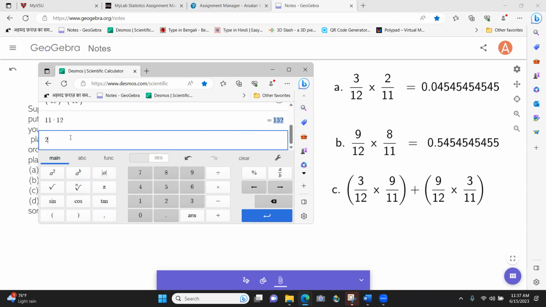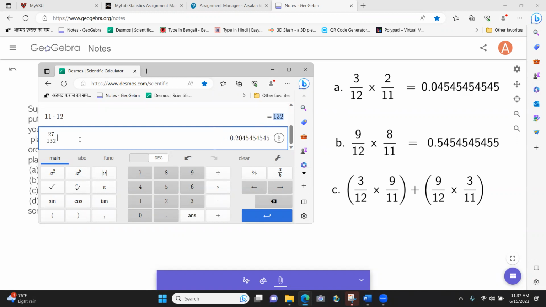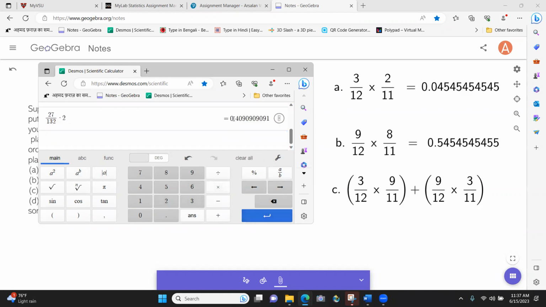I'm going to do 27 divided by 132, and I am going to multiply that by 2 because the next one is exactly the same. I'm just using shortcuts, okay? You don't have to do it. You can just find the same thing again. That's the answer I'm getting, guys.